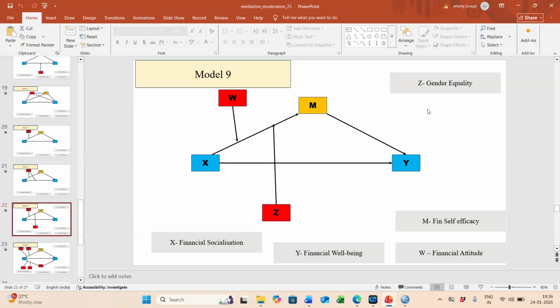Please draw this diagram and write down the names of the labels and variables, so that you will be in a position to understand what I am telling you.